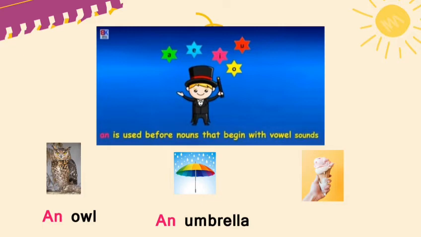And the yummy thing is ice cream. What is the spelling of ice cream? I-C-E, ice. C-R-E-A-M, cream, ice cream. And I is a vowel, so we write an ice cream.